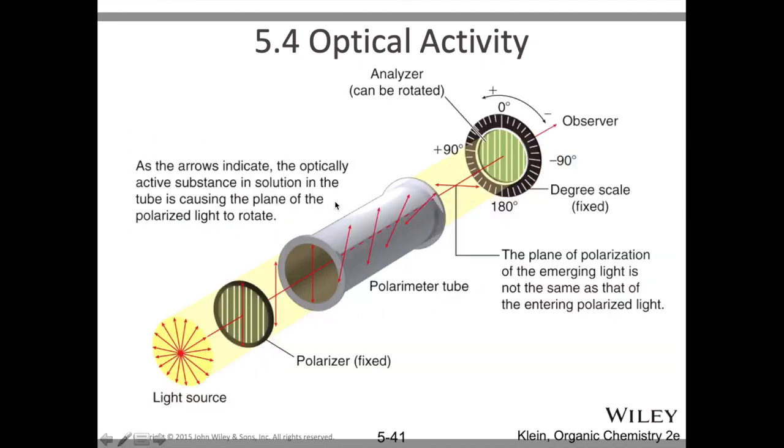If we have a sample of our material, okay, our enantiomer is going to deflect light in a particular direction. And of course, we can use this then to figure out what that angle is. Here's the really cool thing. While one enantiomer deflects light in one direction, the other enantiomer deflects light in the opposite direction.